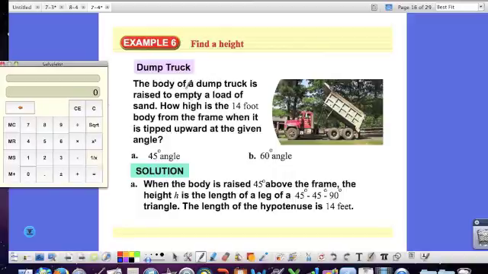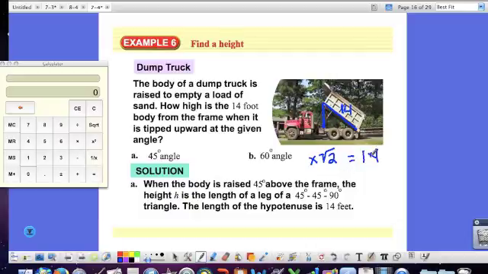We have a word problem. The body of a dump truck is raised to empty a load of sand. How high is the 14-foot body from the frame when it is tipped upward at the given angle? So the hypotenuse is 14. The 45-degree angle, okay, the length of the hypotenuse is 14 feet. So x radical 2 is equal to 14.